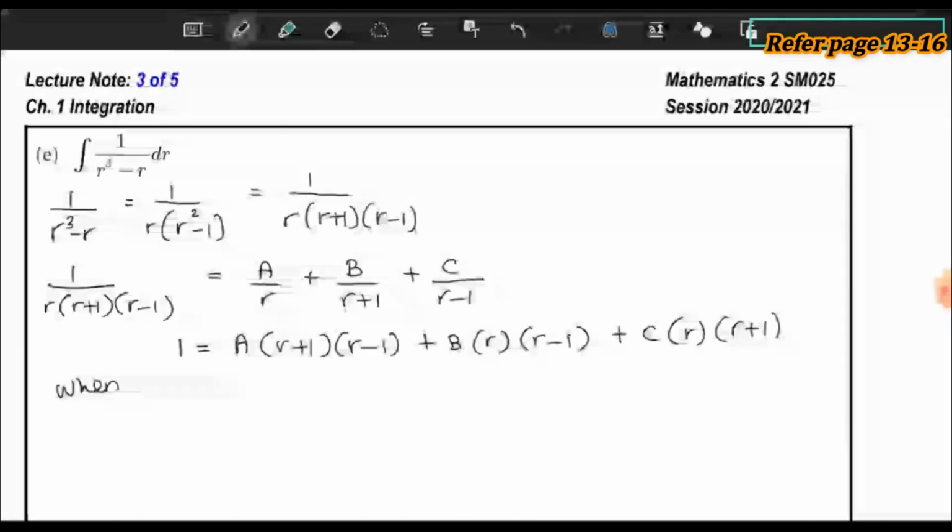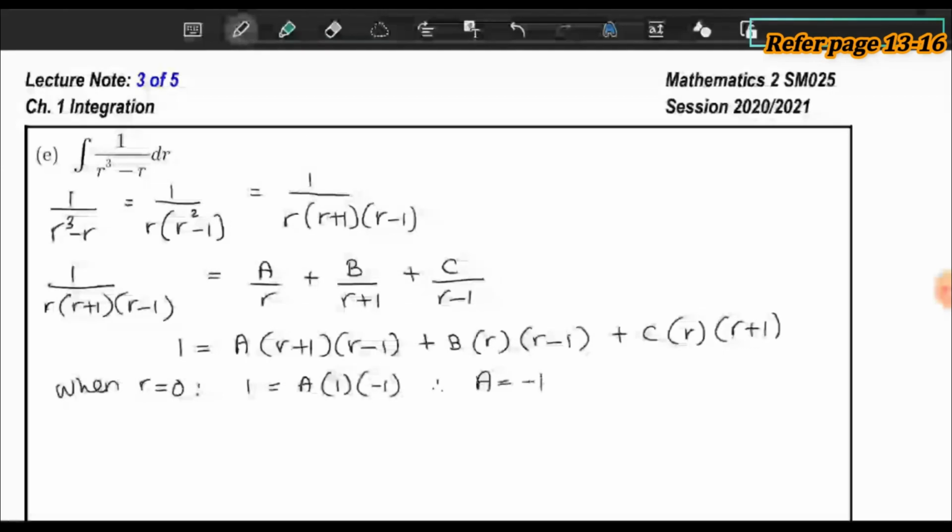Next, we substitute the suitable value of r. Now we are using r as variable. When r equals 0, 1 equals a times (0 + 1), which is 1, times (0 − 1), which is negative 1, and the rest becomes 0. Therefore, we get a equals −1.